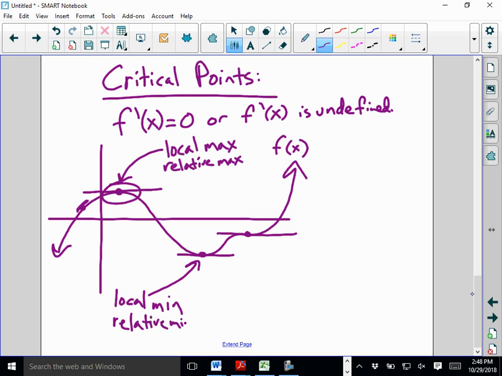So a critical point could be a local min, it could be a local max, or it could be neither. This third point right here, this is neither a max nor a min.